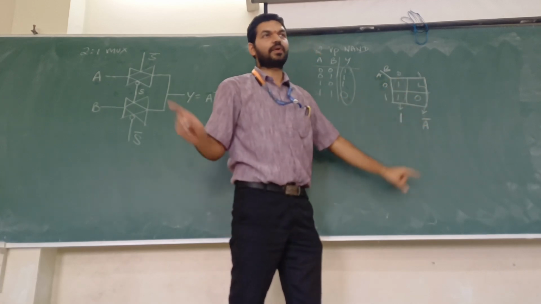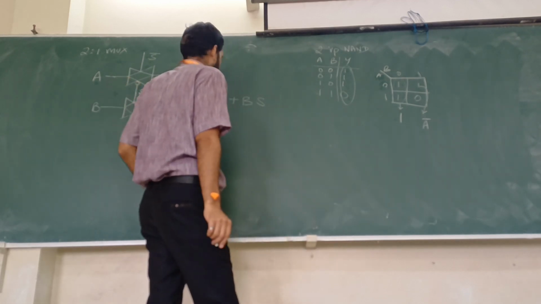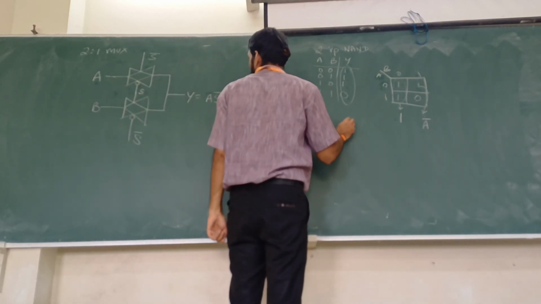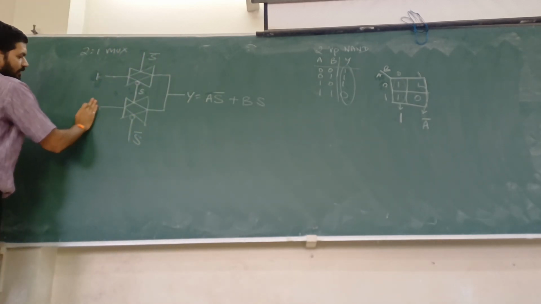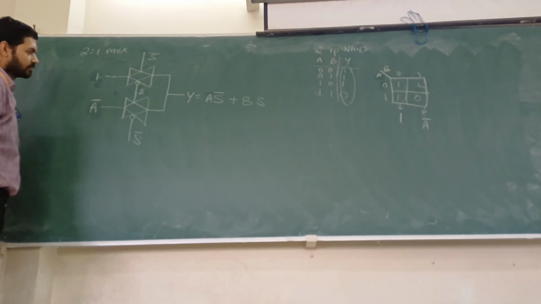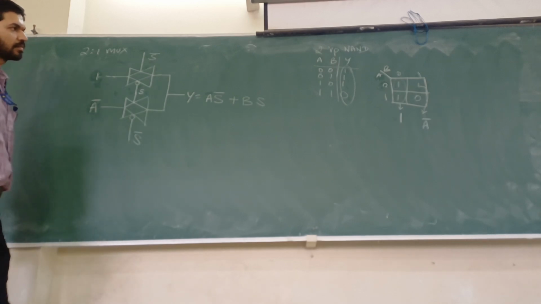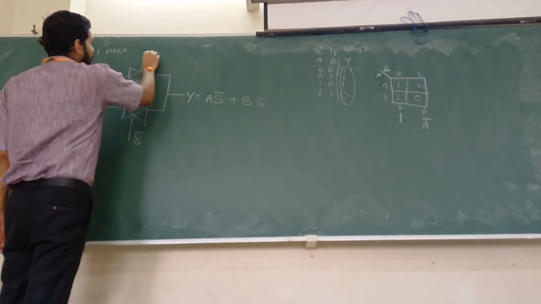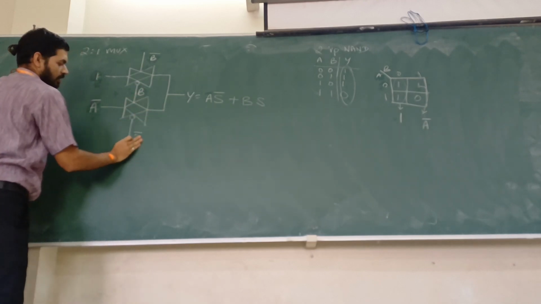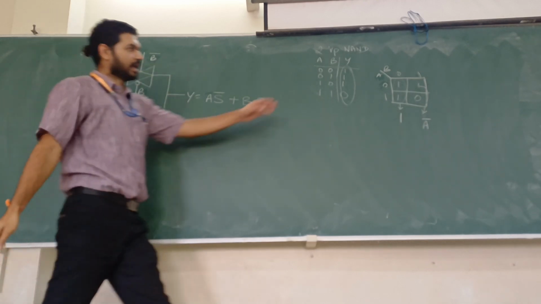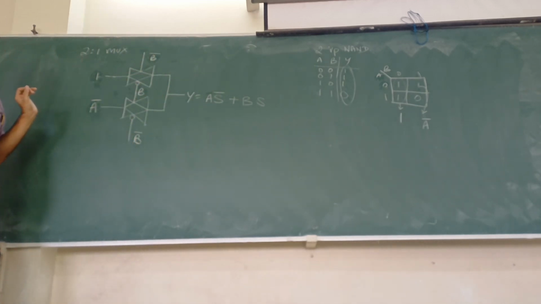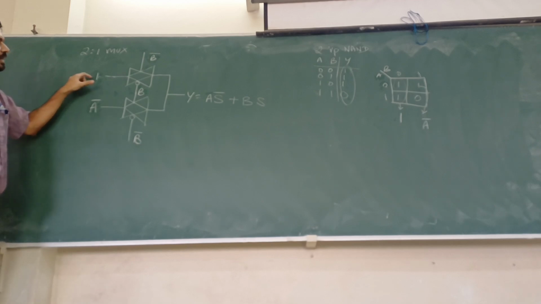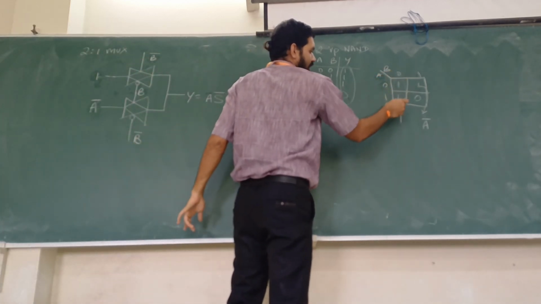These will be the inputs for that gate. So the input will be 1 here, and here it will be A bar. The other signals are B and B bar. I will take B as the select line and the input I will take as A. But here I don't take A bar because I am getting 1 and 1, so I will get only 1.